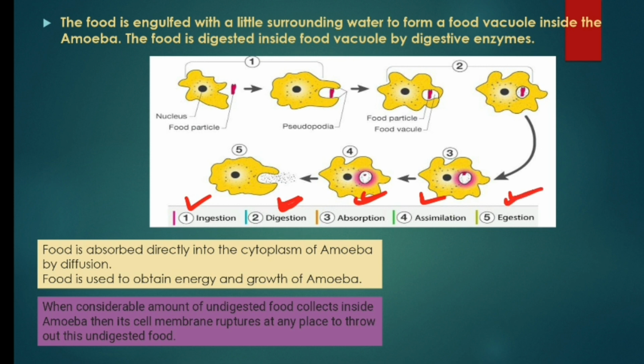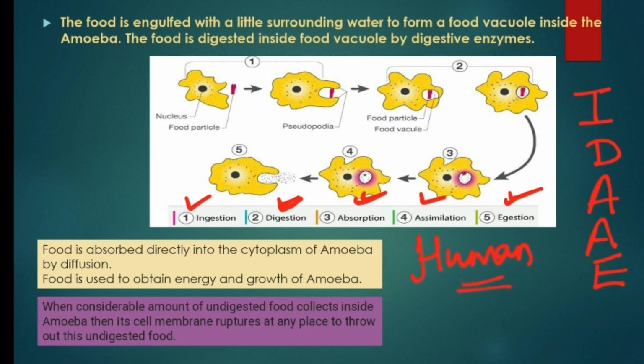So the 5 steps of holozoic nutrition are: ingestion, digestion, absorption, assimilation, and egestion. This is the same process that human beings also follow.